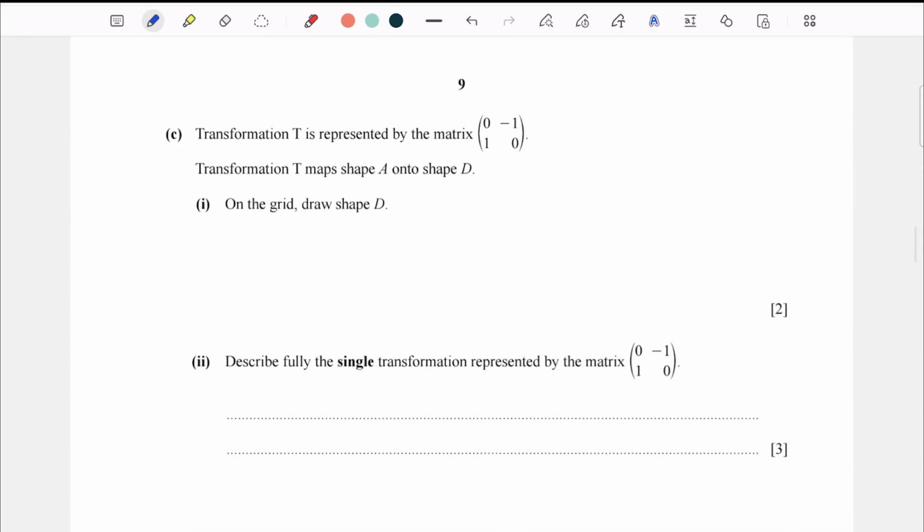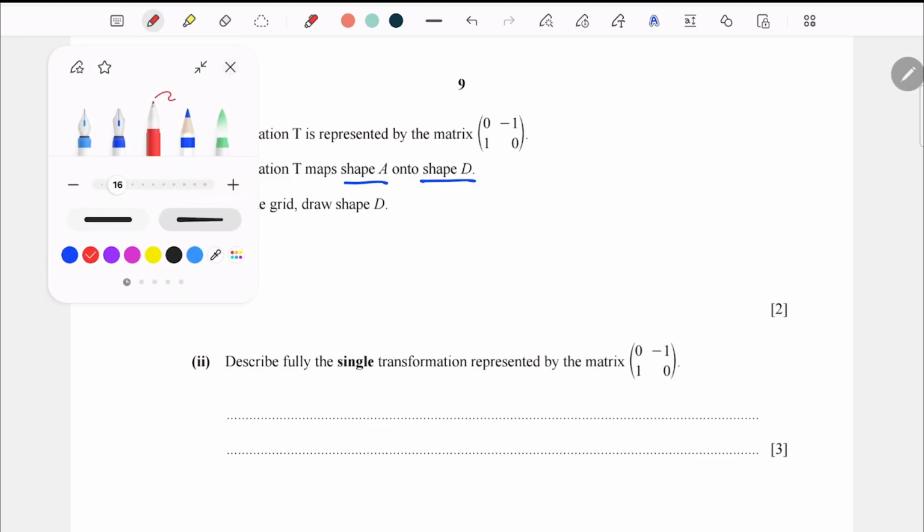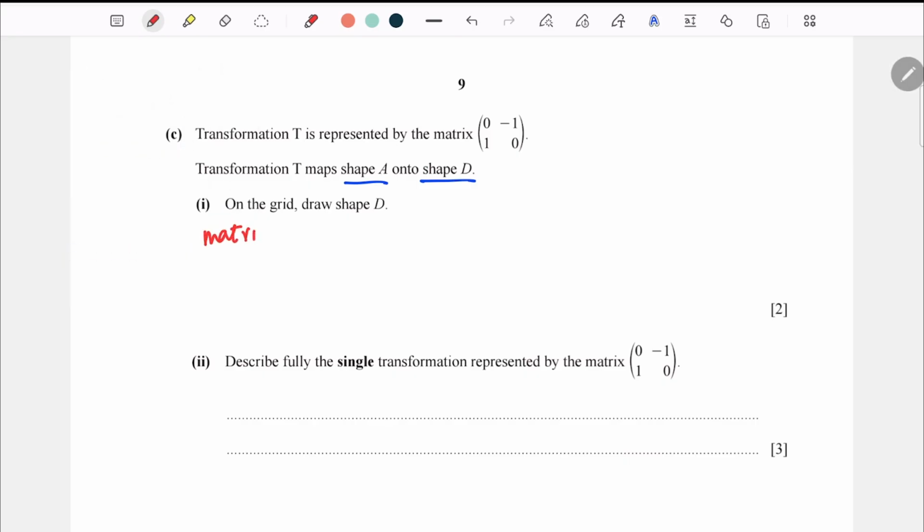In part C, transformation T is represented by the matrix 0, -1, 1 and 0. Transformation T maps A onto D. On the grid, draw D. So the formula for matrix is basically matrix multiplied by object is equal to image.